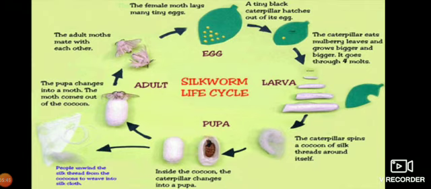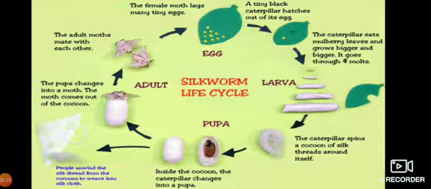Inside the cocoon, the caterpillar changes into a pupa. People unwind the silk thread from the cocoons to weave into silk cloth. And the pupa changes into a moth. The moth comes out of the cocoon. And then the adult moths mate with each other, and again eggs are formed. Eggs are laid by a female moth. This is the life cycle of a silkworm.